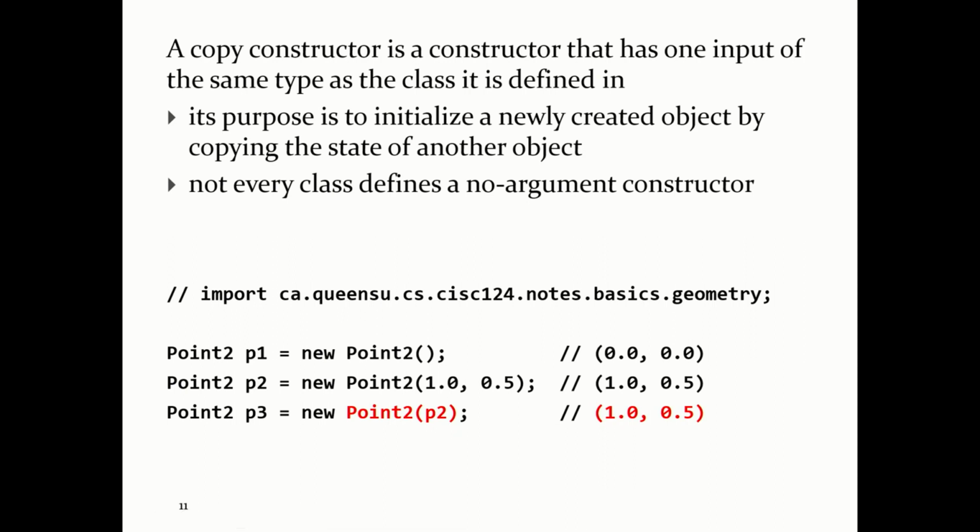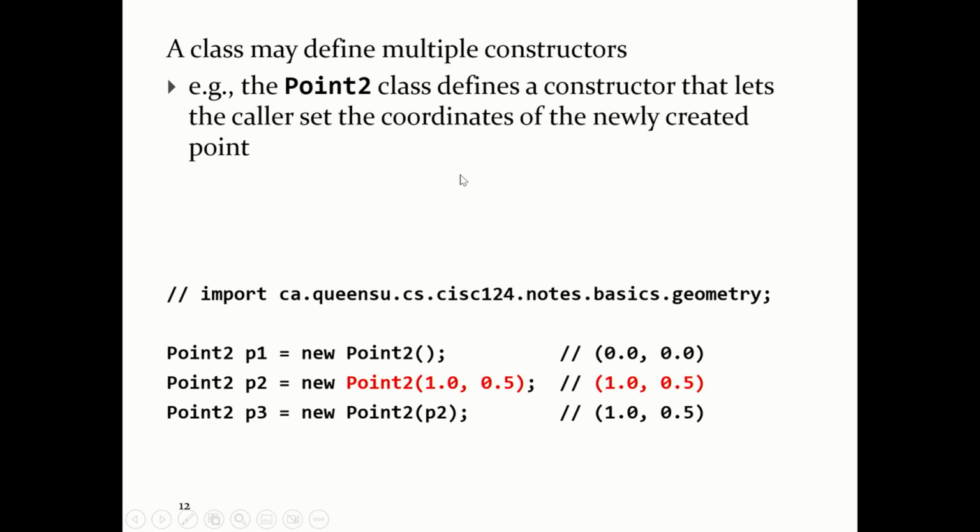So a copy constructor for a class copies an object of the class and returns a duplicate, a new object that's the same as the copied object. Not every class defines a copy constructor either. Again, you have to look at its documentation to find out if it does.